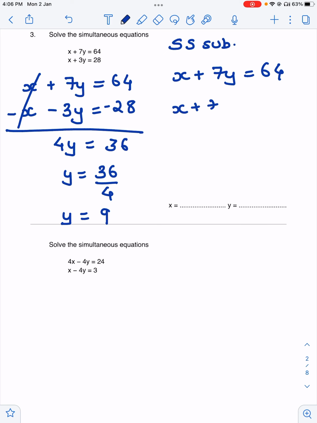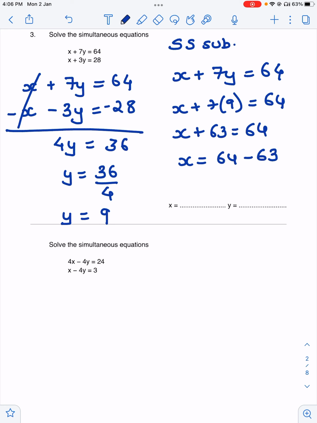Let's substitute. 7 times 9 is 63. x is equal to 64 minus 63, x is equal to 1. This is how I get x as 1 and y as 9.